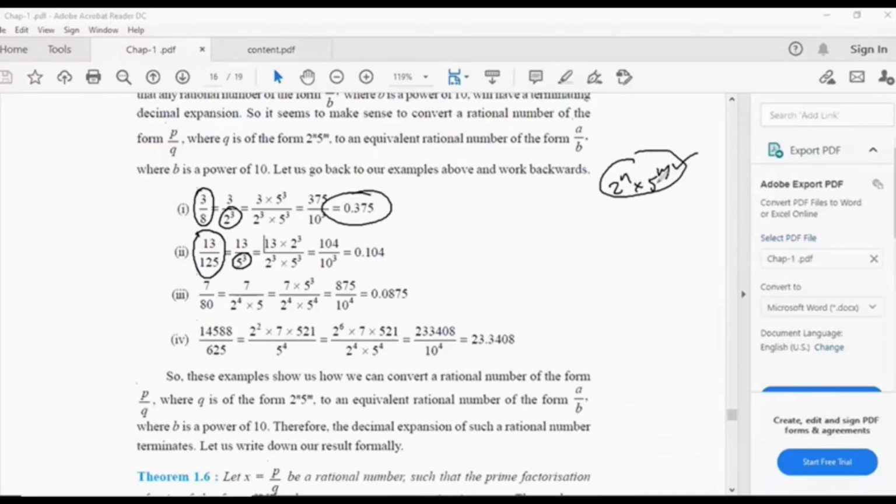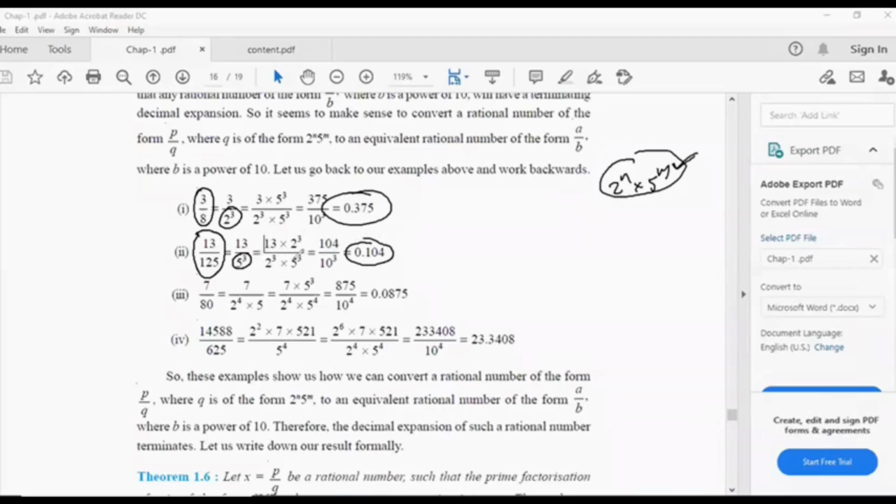Only m is 3 and n is 0 in this case. Anyway, we can say the denominator of this rational number can be expressed in the form 2 raised to n into 5 raised to m, and then the decimal form of this rational number is terminating.